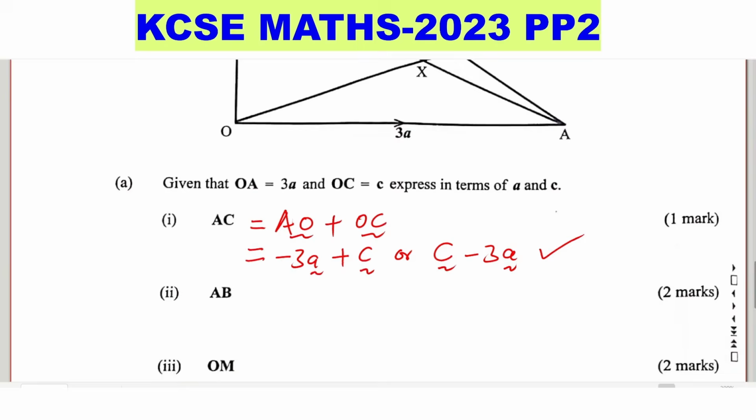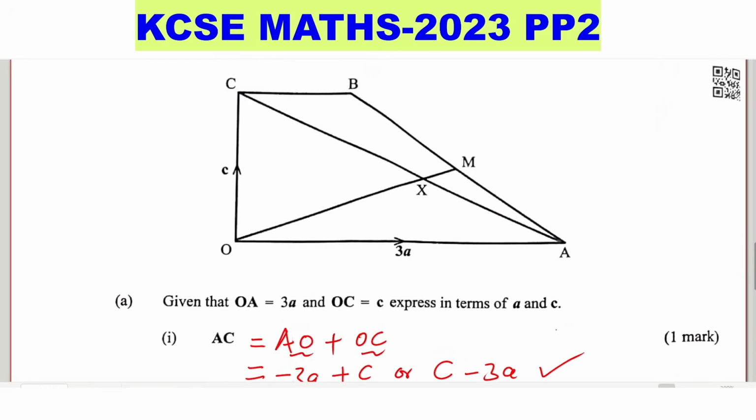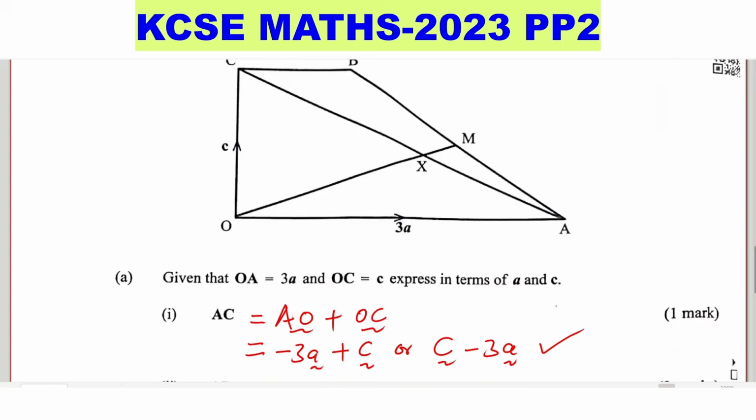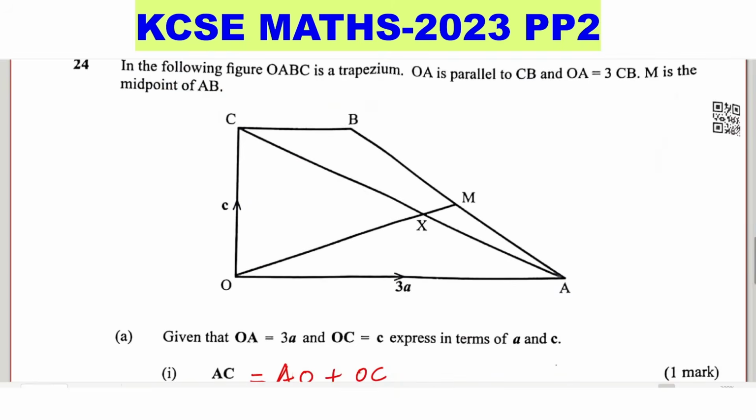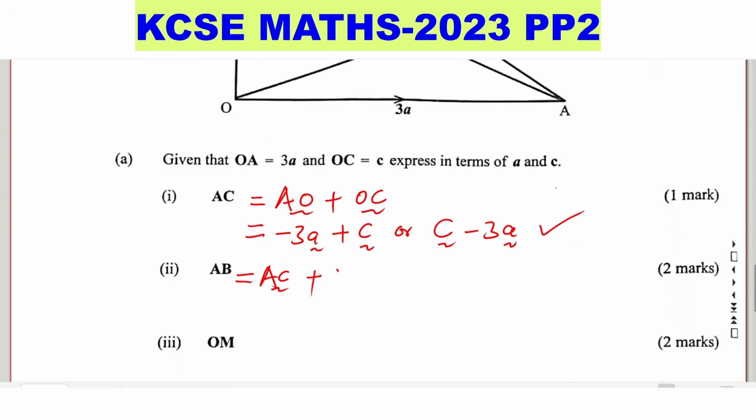Part 2, AB. So you want to move from A to B. So A to B, you'll move from A, the easier route, from A to C, then from C to B. AC, we already found that in part 1. So AC is C minus 3A.